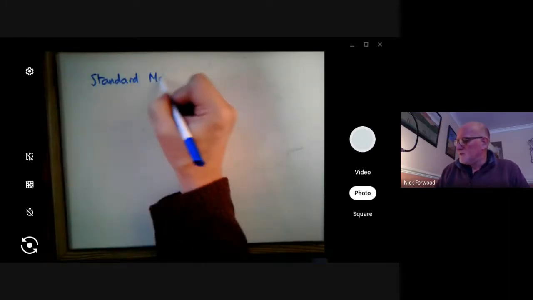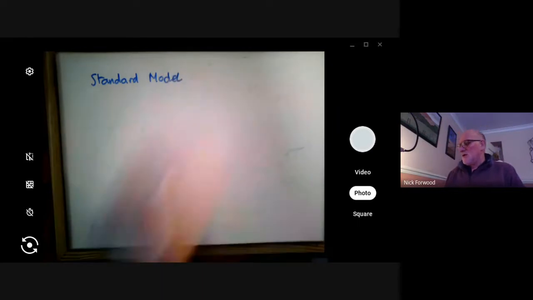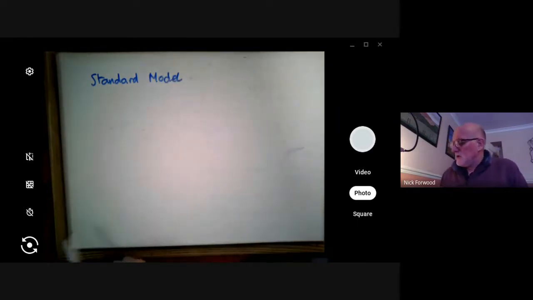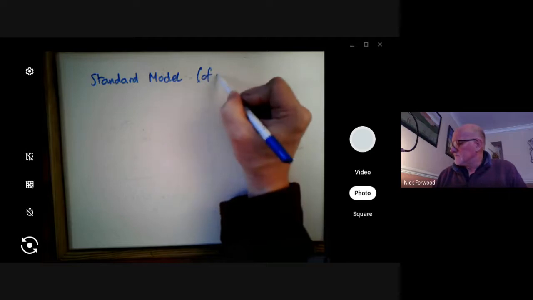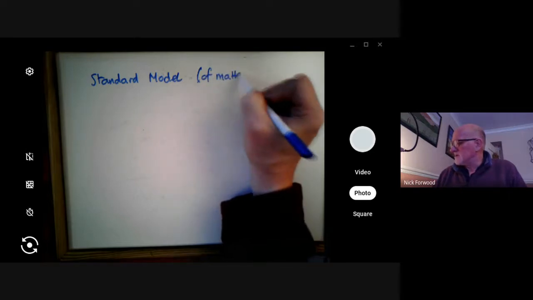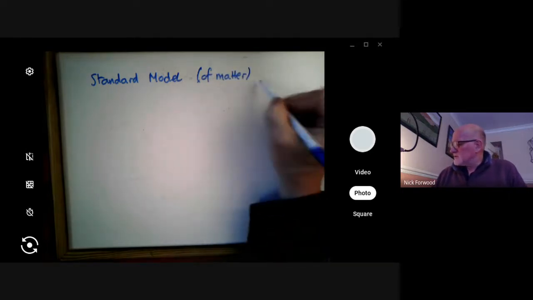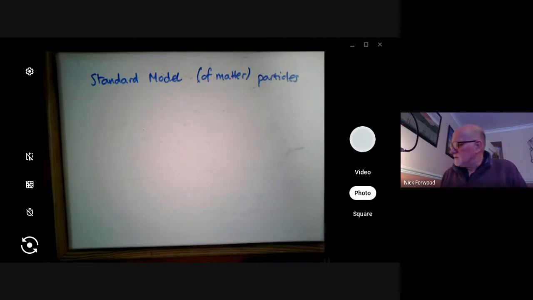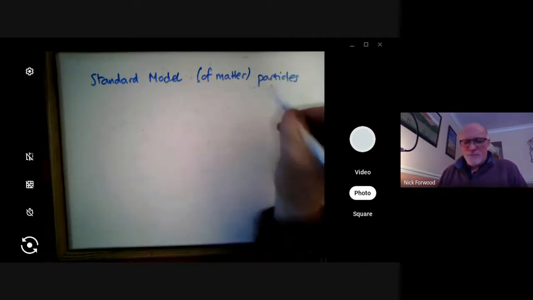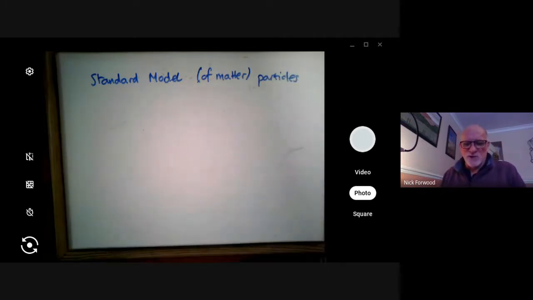And this whole unit, or this whole subsection, is called the standard model. And really it's an idea of all the different particles that go to make up stuff, being matter. So it's particles, and then you're going to go, okay, right, so forces, how do forces fit in to the standard model of matter particles?